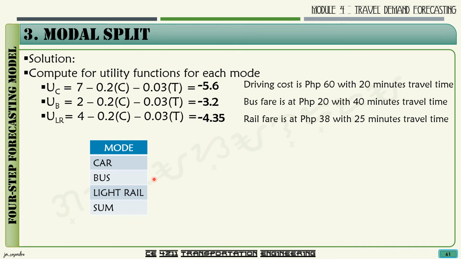So we have here the mode, our transportation mode. So we have the car, the bus, and the light rail system. The next column is our utility functions, computed values of negative 5.6, negative 3.2, and negative 4.35.